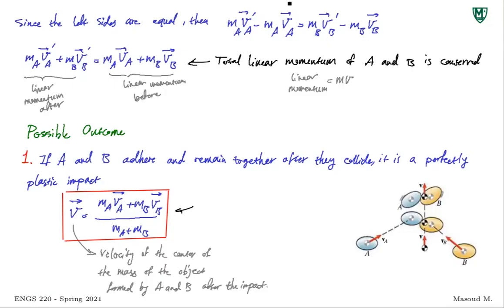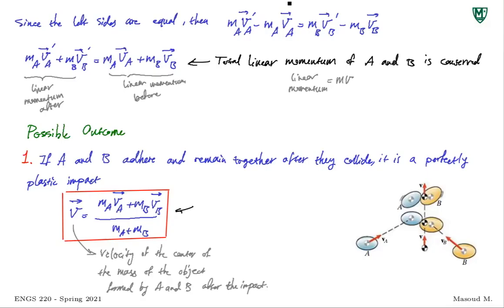So we have total linear momentum of these two objects conserved, but along the line of impact. Now, I said when we have an impact, there are two possible outcomes. One possible outcome is that these two objects collide, to use the technical term, and they just stick together after the impact.